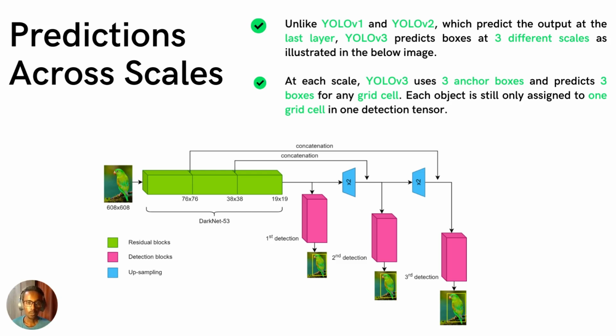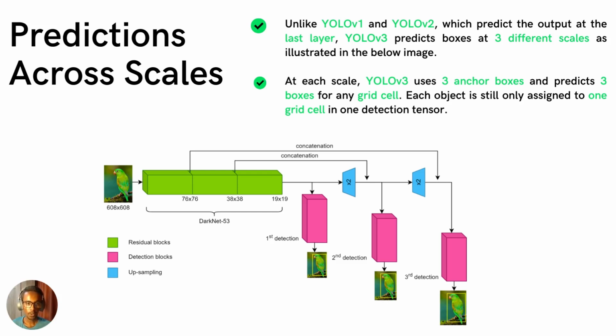Once we have the feature map from the output of the Darknet 53 backbone, we're going to add more layers, called the detection blocks, which are shown in the boxes colored pink. And we're going to perform the first detection.